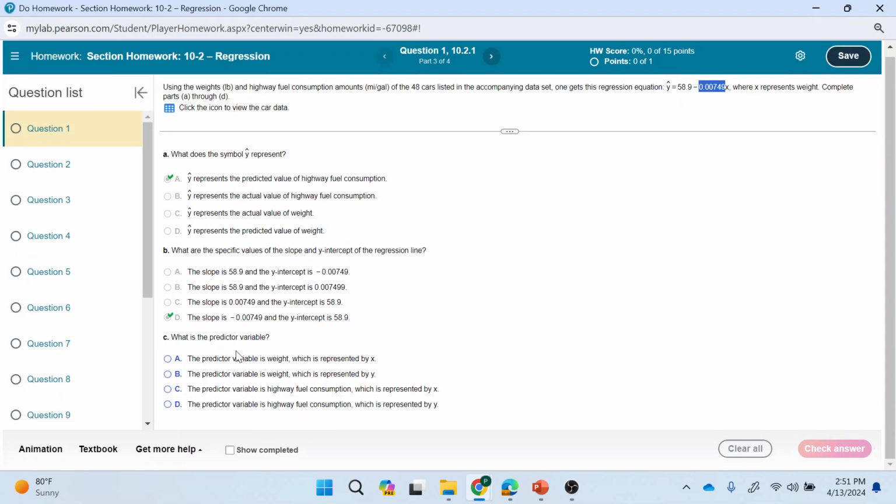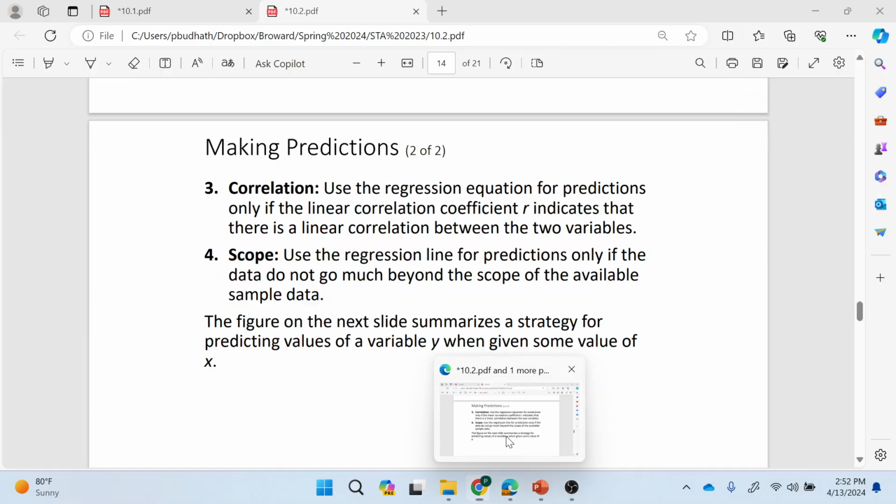What is the predictor variable? So the predictor variable is the weight, which is represented by x. Remember, y itself is the highway fuel consumption. X is your independent variable.